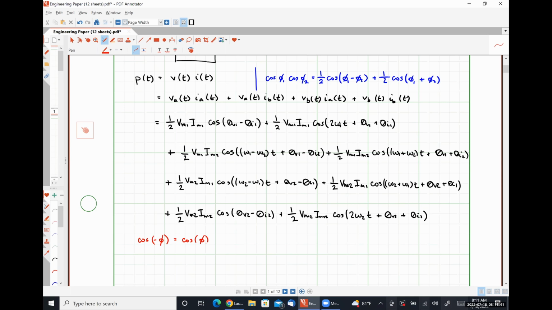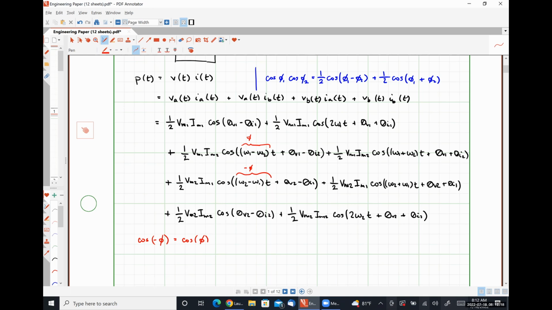So where this comes into play is that if we consider omega 1 minus omega 2 multiplied by time to be an angle, then omega 2 minus omega 1 times time is the negative of that angle.